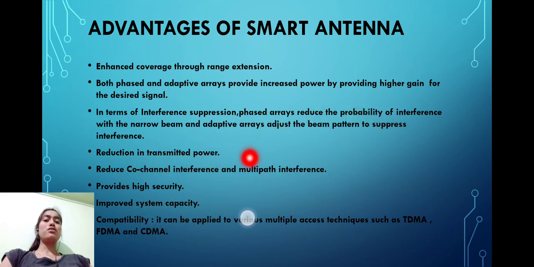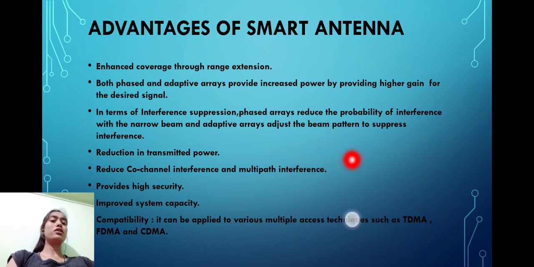Reduction in transmitted power, reduced co-channel interference and multipath interference, high security, improved system capacity. Compatibility: it can be applied to various multiple access techniques such as TDMA, FDMA and CDMA. It will reduce co-channel interference. How? Because there is only a narrow beam. If any mobile user comes under this narrow beam, then it will create co-channel interference.